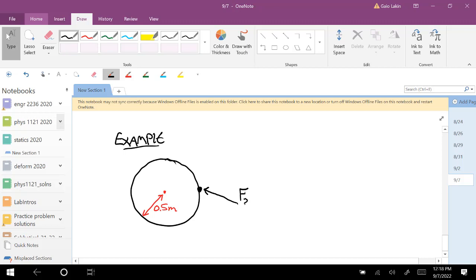We don't know the magnitude, so I'll call that F2. But we do know that it's acting at 30 degrees with the horizontal. And let's say on the left side, it's a totally unknown force vector. So I'll call this the force vector F1.